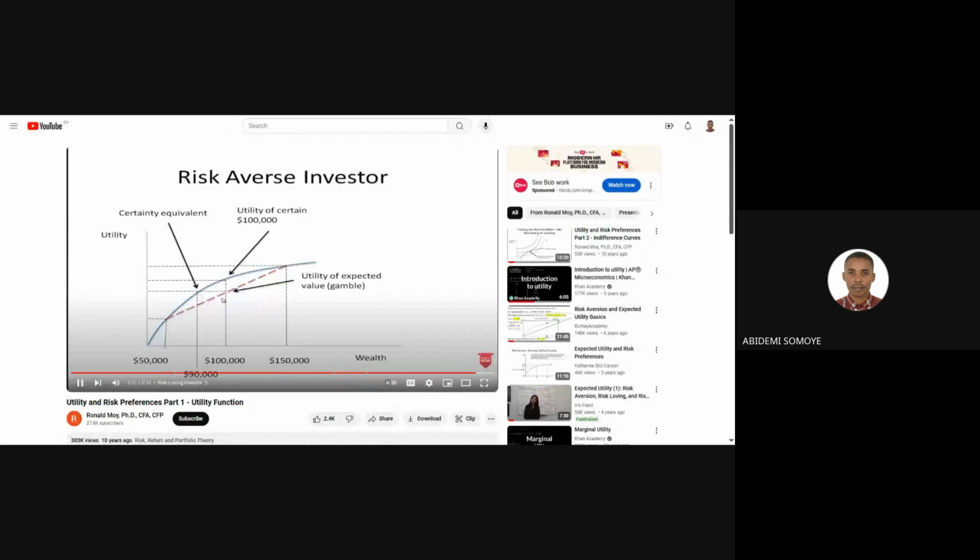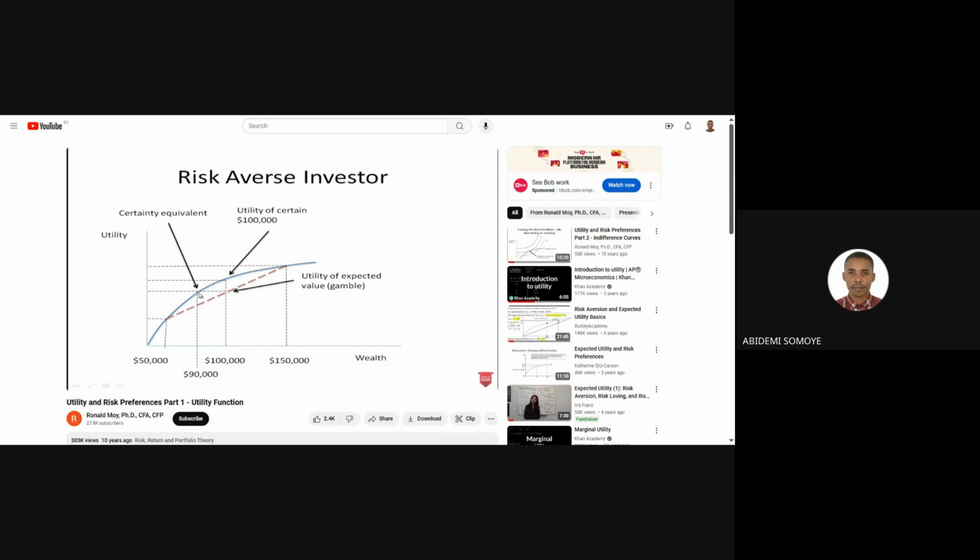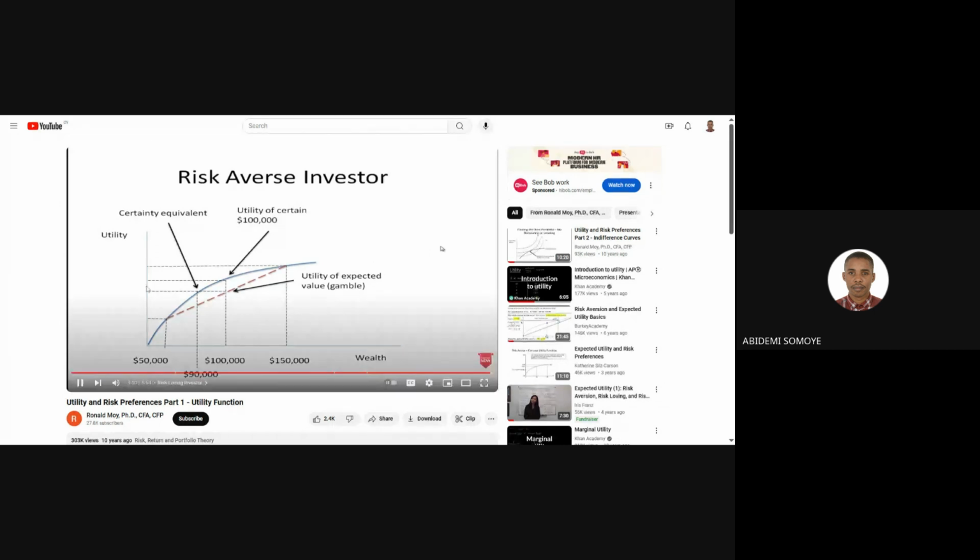Okay, they'd rather pay this amount for insurance in order to assure that they'll get $90,000. Okay, so there's an argument in finance for things like insurance and why people need to be rewarded more and more for taking on extra risk.